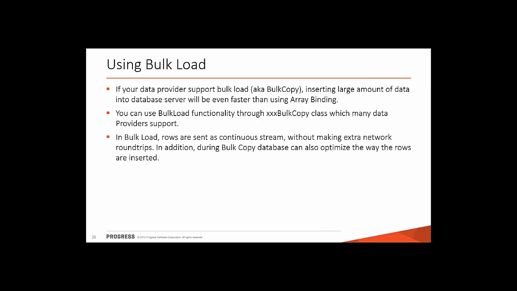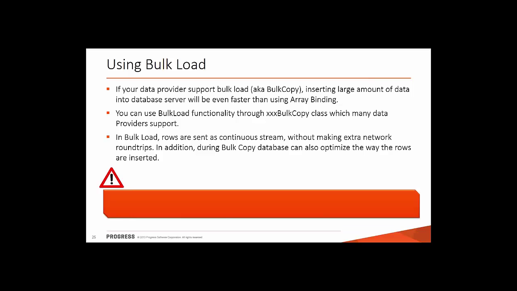In bulk load, rows are sent as a continuous stream, so it does not make any extra network round trips. And because there are fewer round trips, the insert goes faster. Also, the database optimizes the way it inserts the records when it comes to bulk copy, so it makes it even faster.